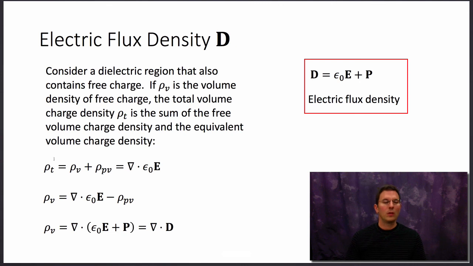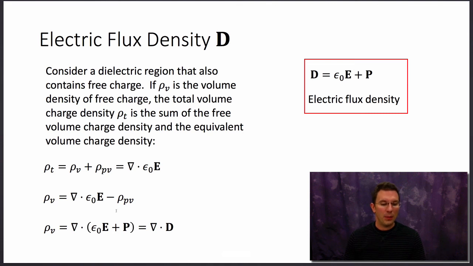The total charge density is the charge density due to the free electrons and the charge density due to the bound electrons, or the equivalent charge density, if you want to think about it like that. Okay, so we can solve here for our free electron charge density just by rearranging this equation.